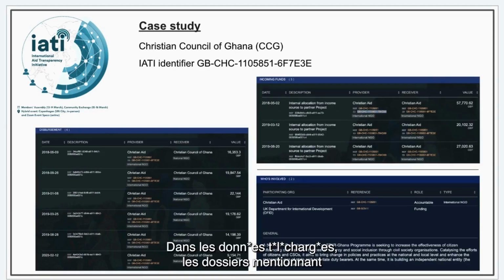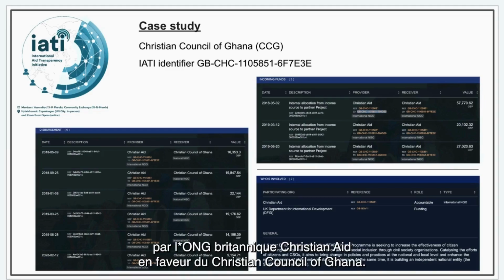In the downloaded data, the records mentioning the Christian Council of Ghana had the IATI identifier displayed on this screen, which we then put into the dportal.org site to see more clearly that this money was, number one, a series of disbursements to the Christian Council of Ghana from the UK NGO Christian Aid between 2018 and 2020.